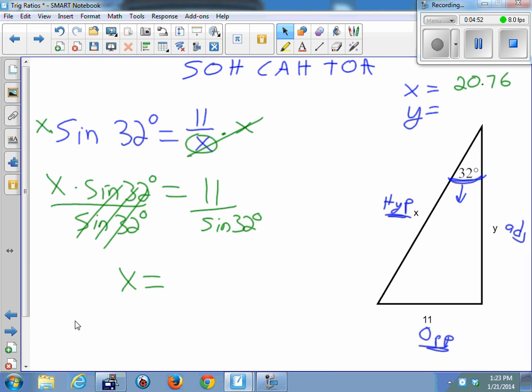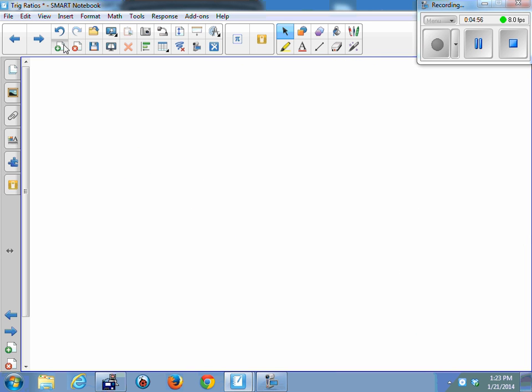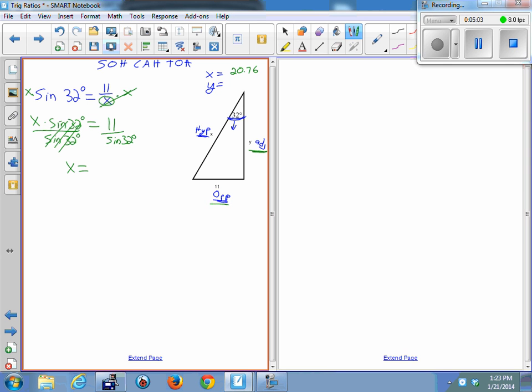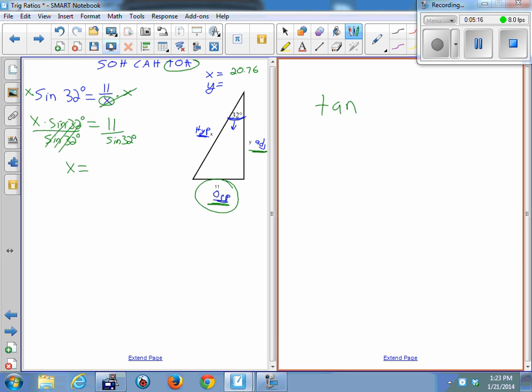Now we're going to find y. In order to find y, we're using a little difference. If you look at y, we're using the adjacent and the opposite. We have to use the number 11. Then we're going to find the adjacent. So here, adjacent and opposite, we're going to use tangent. So the tangent of 32 degrees equals, and then we have opposite, 11 over y.